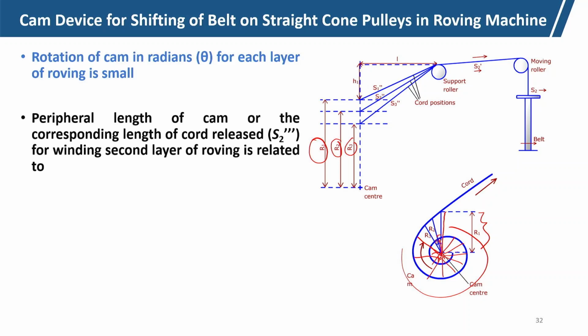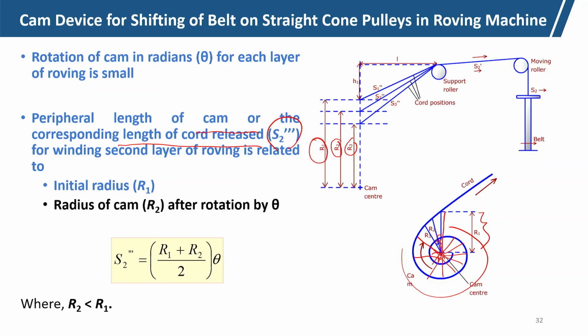The peripheral length of the cam and the corresponding length of the cord, when the cam rotates by theta degree: that peripheral length of the cam is S2 triple dash, for the second layer. S2 triple dash is for winding the second layer of the roving. So, the initial radius is R1, the radius of the cam is R2 after rotation of theta degree.